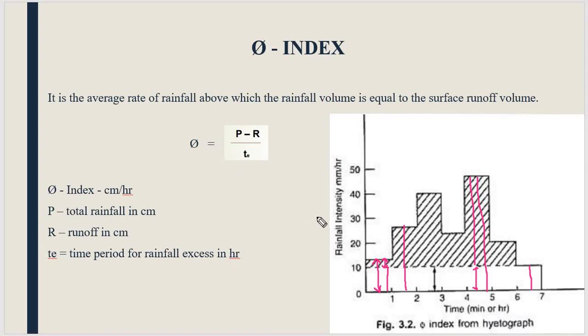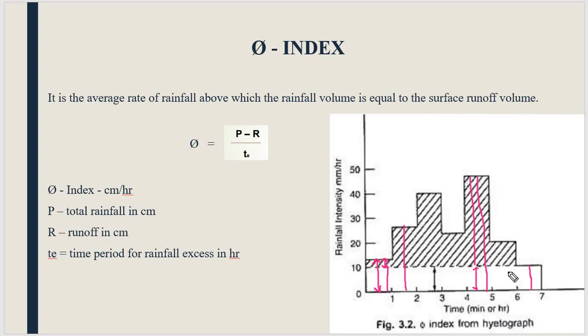Okay. So I'll explain once again. In order to determine this Phi index, you can see a horizontal line drawn, which is a dotted line. This horizontal line is drawn on the hydrograph such that the shaded area above that line is equal to the volume of surface runoff. And what about the unshaded portion below this dotted line?